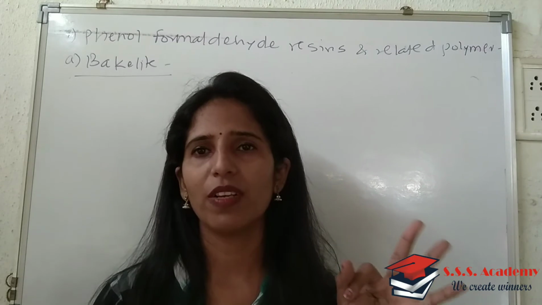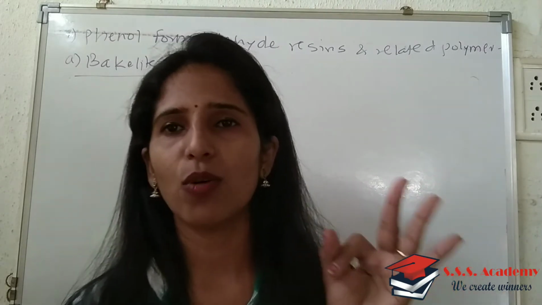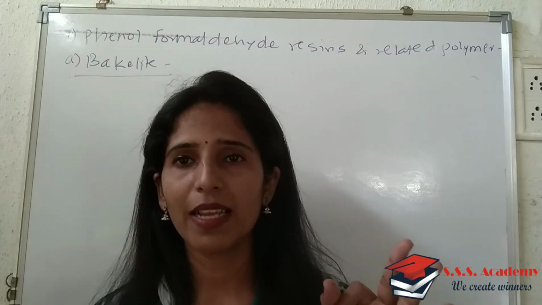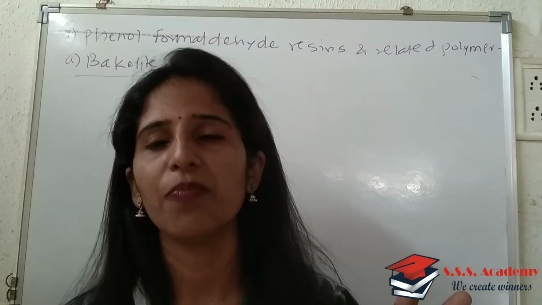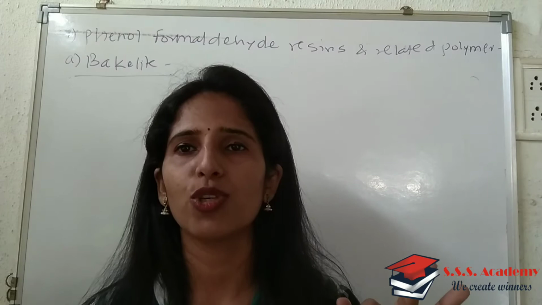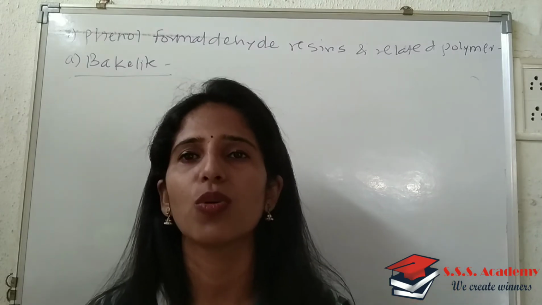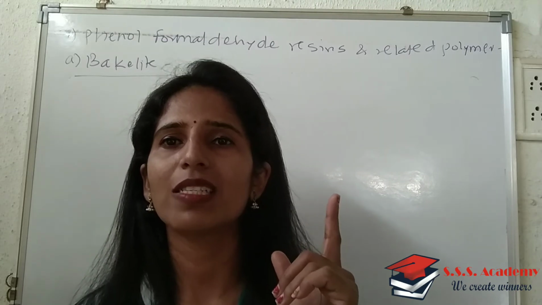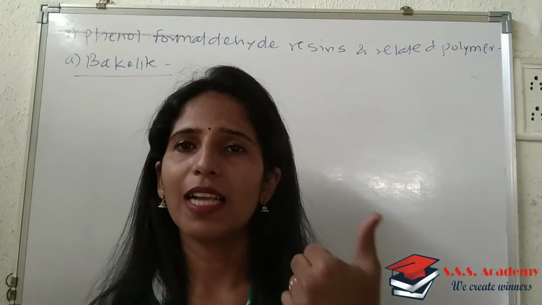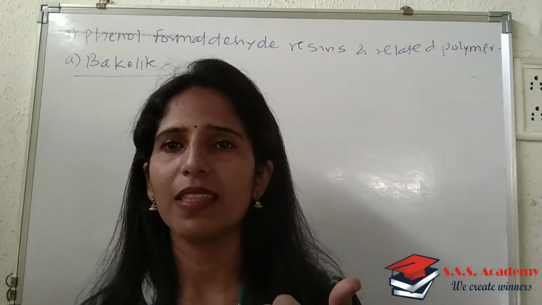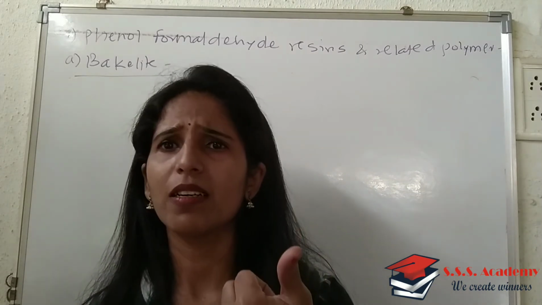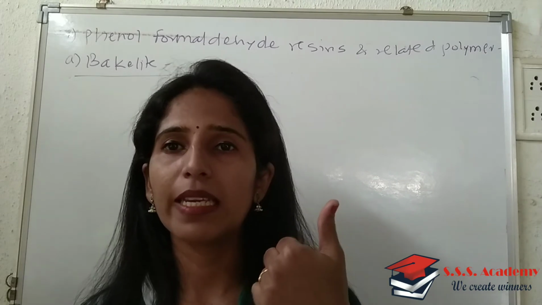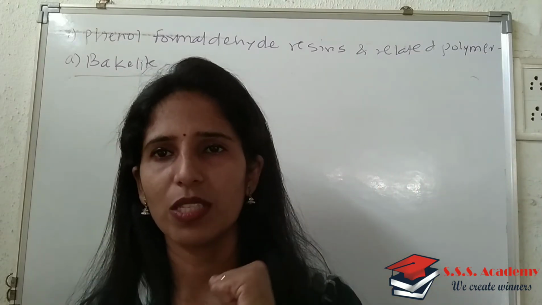In third you will write novolac, the starting or the molding powder, is then subjected to molding by applying higher temperature and pressure condition, and therefore it results into formation of the polymer which is so called as bakelite. Then next fourth point you will write, it is used as a substitute for glass, and next you will write it is used for making the articles like telephone instrument, electric instrument, and kitchenwares. So that 5 points you are supposed to write.